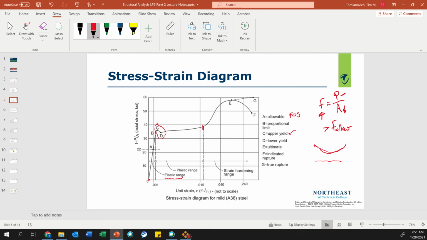As steel starts deforming, the molecules start changing shape, and it actually gets hard again. That's why they call this strain hardening, and all of a sudden it'll start failing. So the ultimate stress is when it just starts failing. And then there's a point when the cross-sectional area is so small it actually breaks.